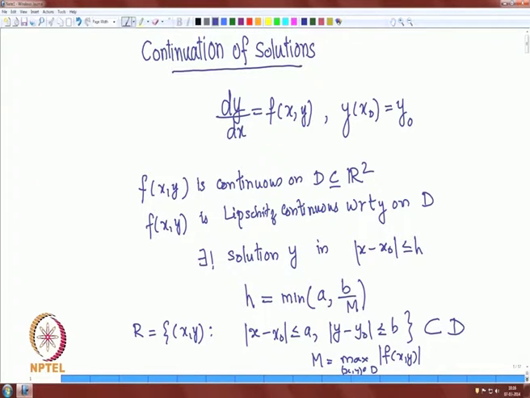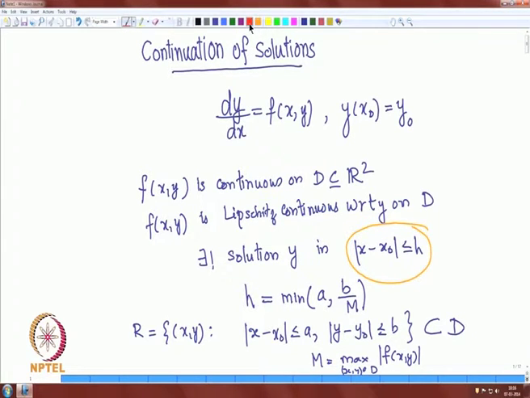So, the existence and uniqueness theorem guarantees that there exists a solution. That solution is defined on an interval |x minus x 0| less than h. If h is a very small quantity, then the solution which we obtain is defined only on a very small interval.